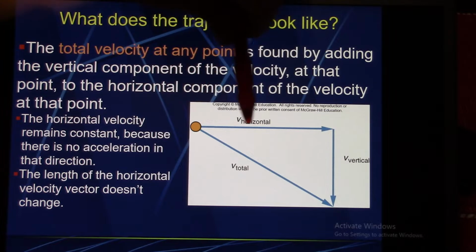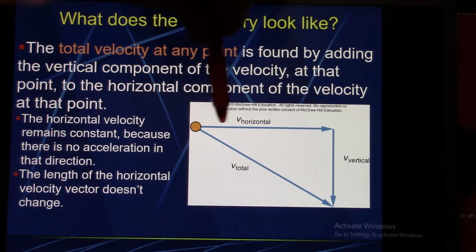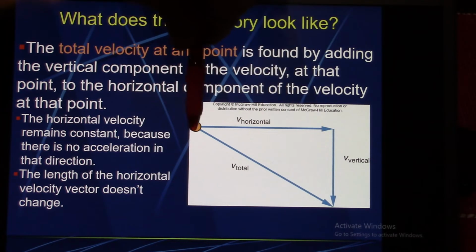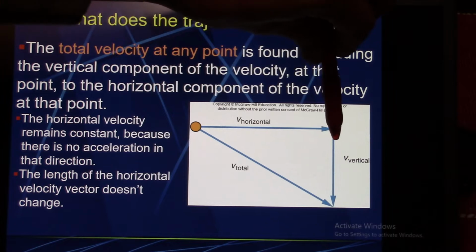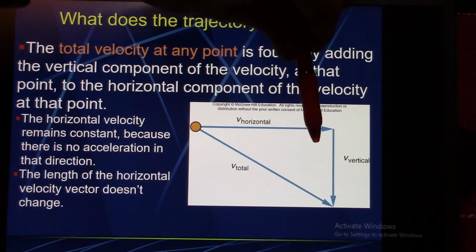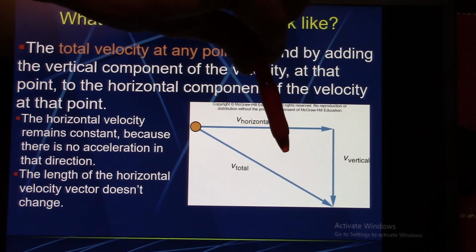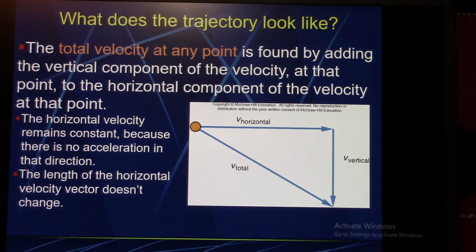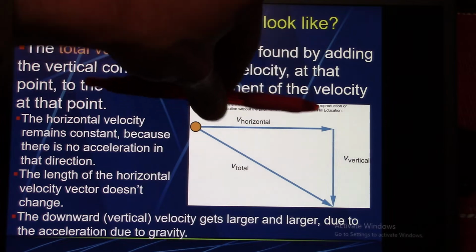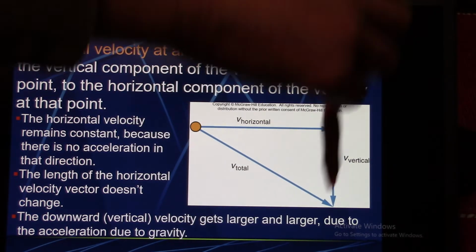So this arrow here for the horizontal is going to stay the same throughout the motion, but the arrow for the vertical is going to keep getting bigger as the ball falls and goes faster, right? So it's like two separate problems in a way. You would do this problem, there's the horizontal and there's the vertical.